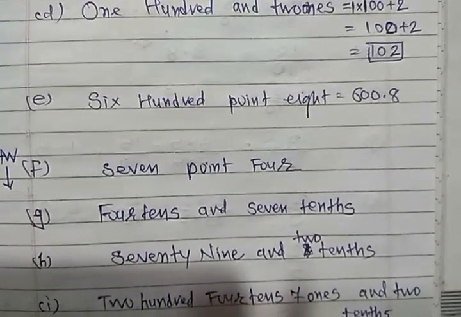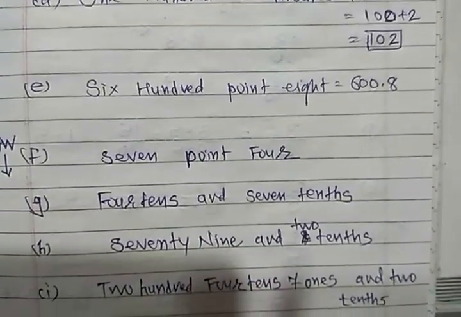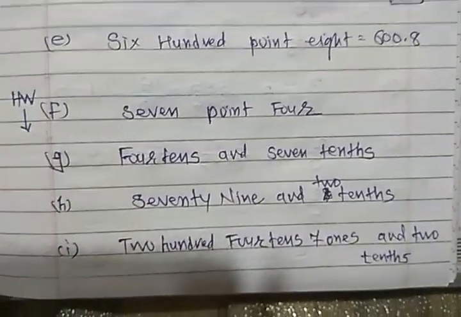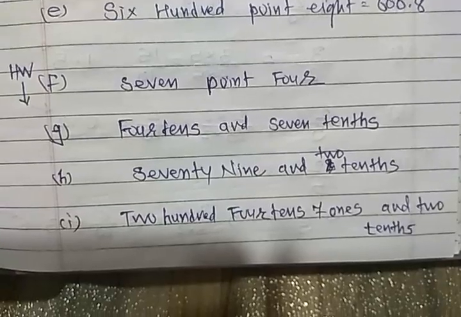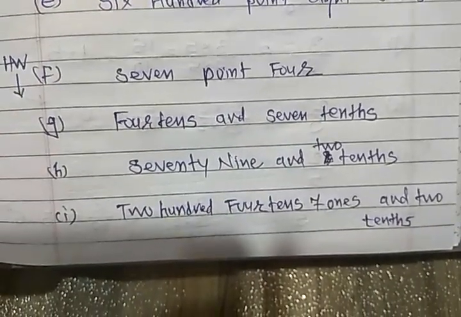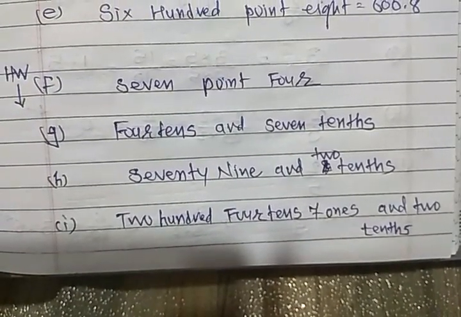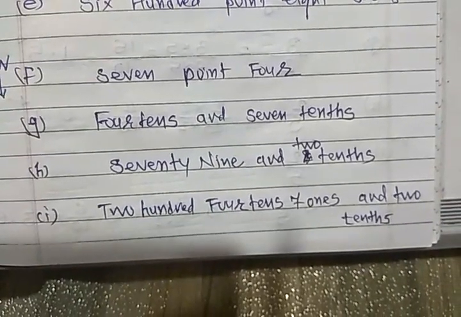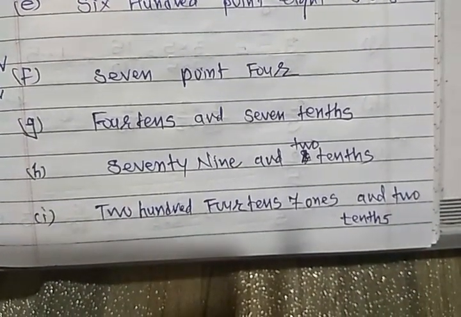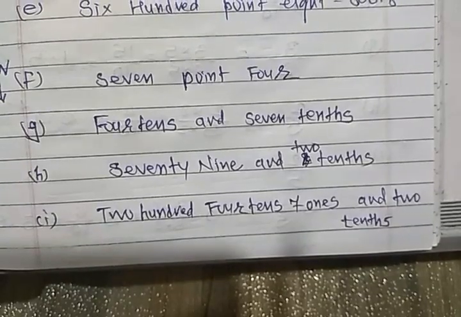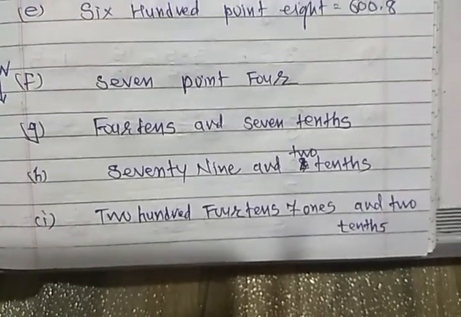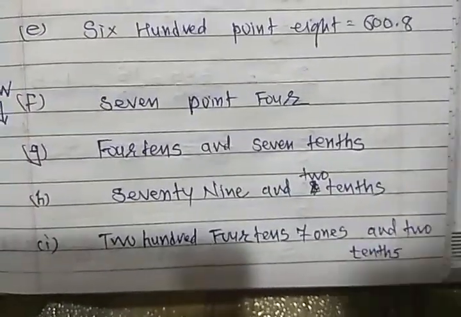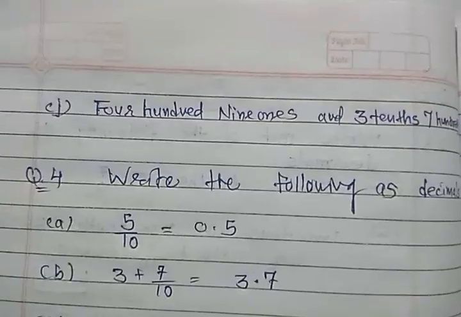So 600.8, like this way you can write. Next one is homework, like this way you can write 7.4, 14 and 7 tenths, 79 and 2 tenths, 200, 14 7 ones and 2 tens. So like this way you can complete this.